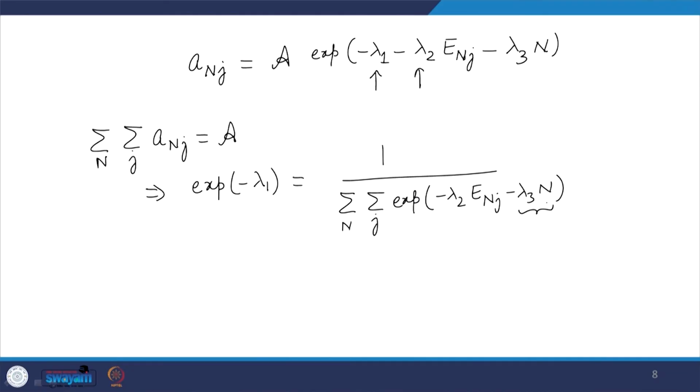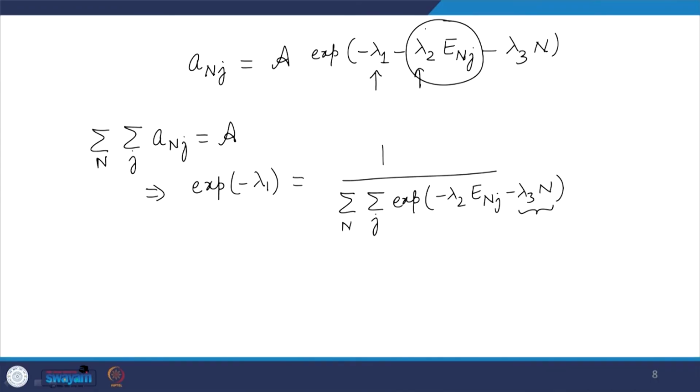And second thing is that since this pretty much refers to the same constraint as the canonical ensemble case, we can think of this lambda 2 to be the same as beta, that is beta equal to 1 by k_B T. We will see in the next class that it indeed works out correctly when we do that. The last constraint is a bit unknown here, so let me call it some gamma.